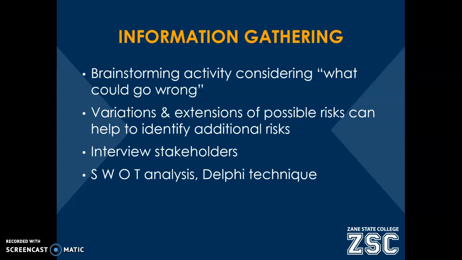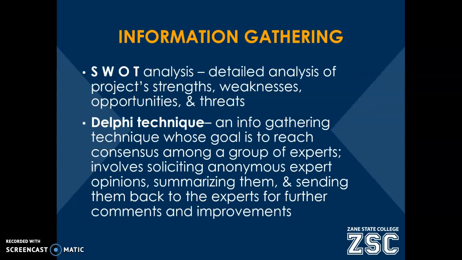There are two analysis techniques that can help you think of risks. They are the SWOT analysis and the Delphi technique. So SWOT analysis we've talked about before. SWOT stands for strengths, weaknesses, opportunities, and threats.